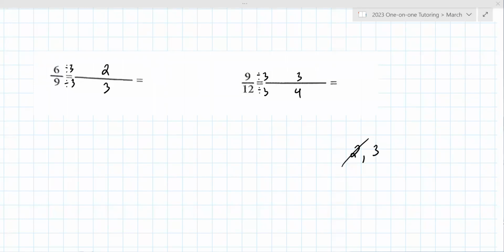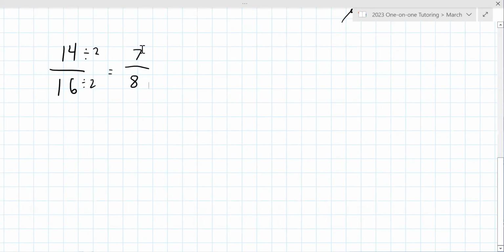All right, so what's the next one here that you need to work on? I lost track of where we are on the whole list. Oh, well, we have 14/16, 15/40. Okay, so let's do this one. You always start with, does 2 work? And it does. Yes. But you have to know whether you're done or not.